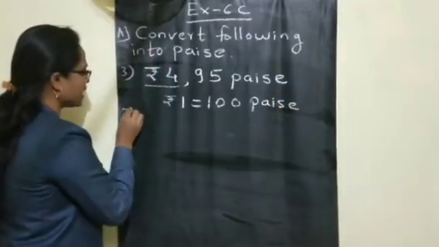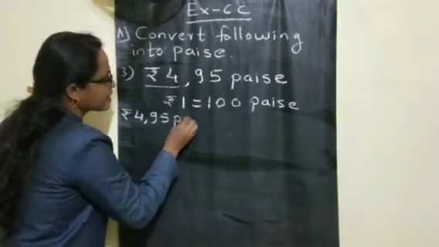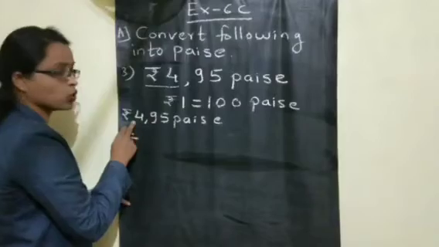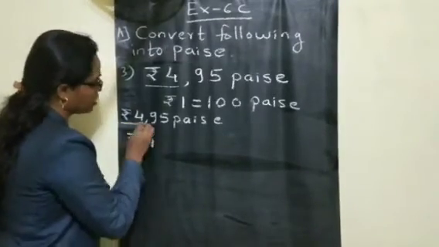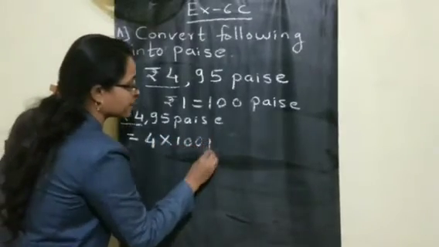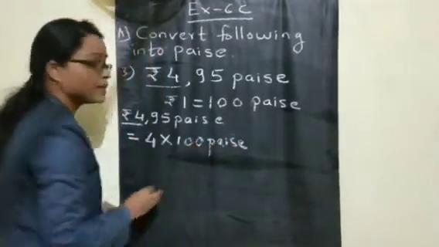Then you write this question as it is, rupees 4 and 95 paise is equal to, now rupees 4 we have to convert into paise. So 4 multiplied by 100 paise. 4 multiplied by 100 paise.